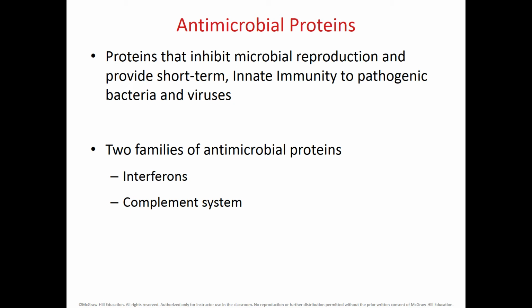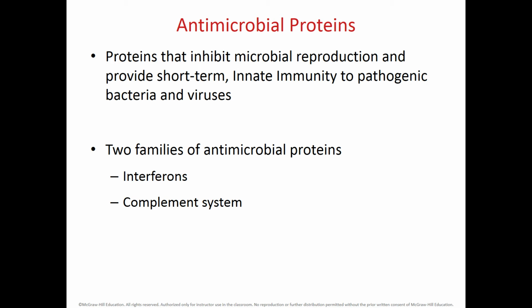Within our body, as part of innate immunity, we produce these antimicrobial proteins, and they provide short-term immunity against bacteria and viruses. We have two major families of antimicrobial proteins: interferons and the complement system.